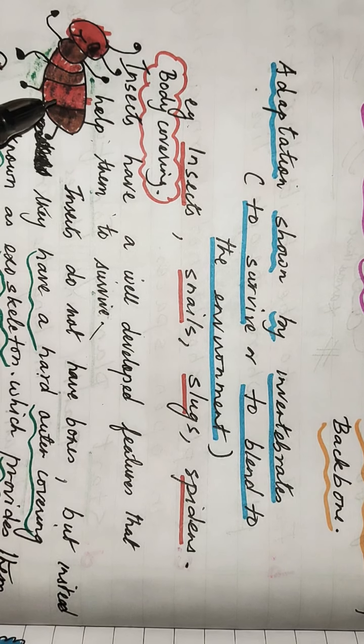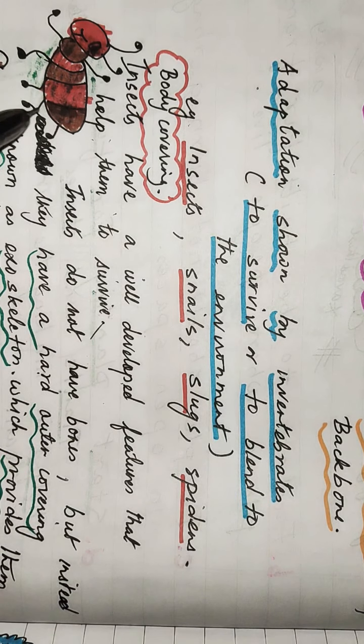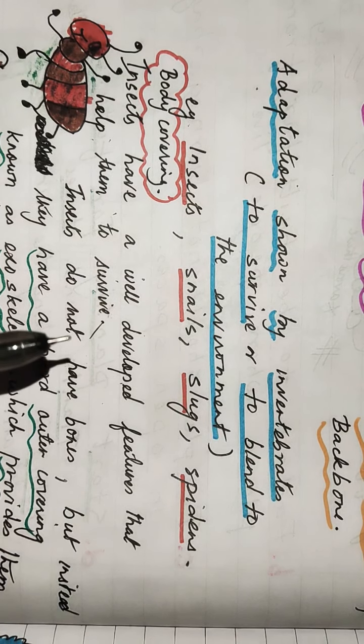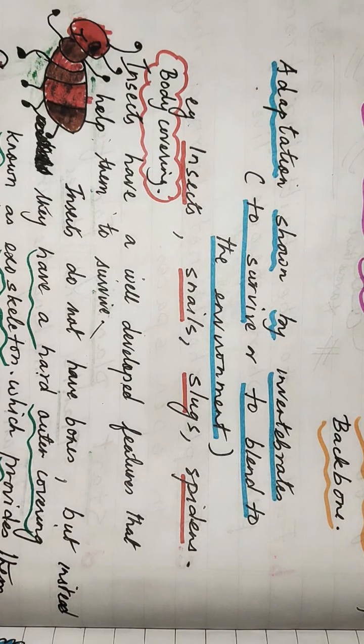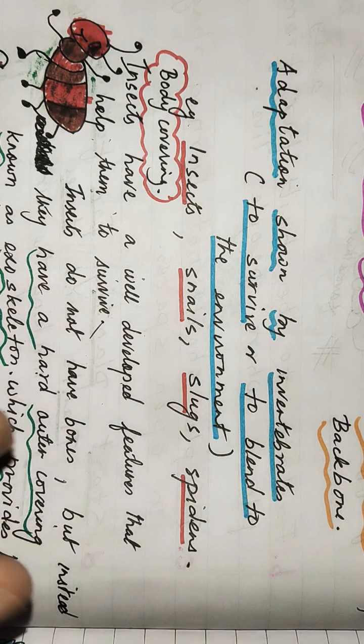They don't have the skeleton inside, so they have a hard covering. Take the cockroach, caterpillars, even grasshopper. Whenever you get it, you can feel the hard outer covering known as exoskeleton, and this provides them protection.